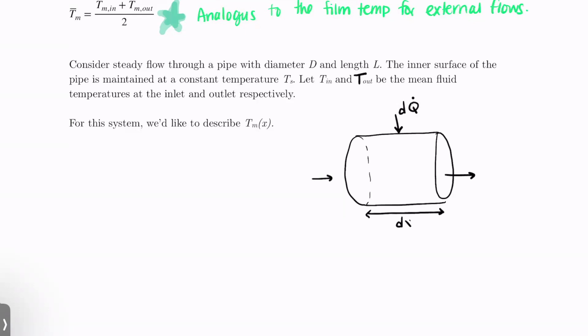So this is a length dx. And at the inlet, I have Tm, and at the outlet, I have Tm plus dTm. So like a little elemental amount more. So our governing equation is Q dot is equal to m dot Cp times T in minus T out.